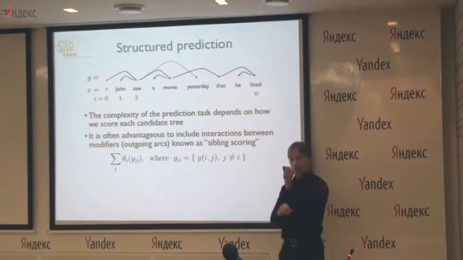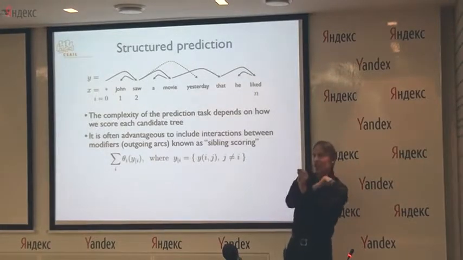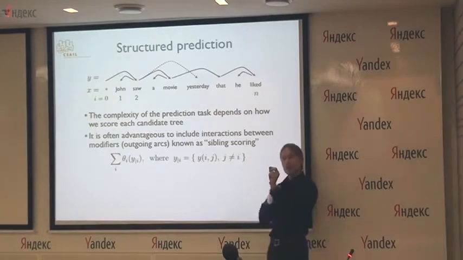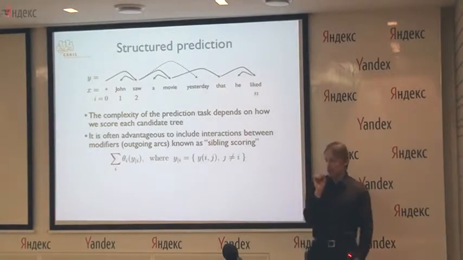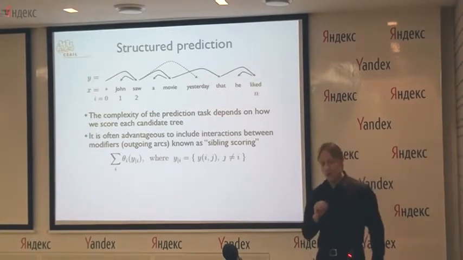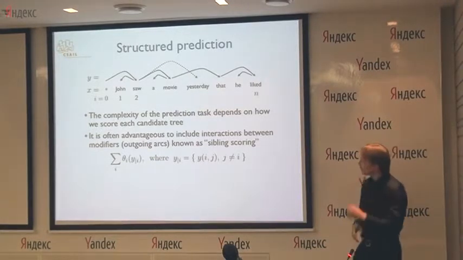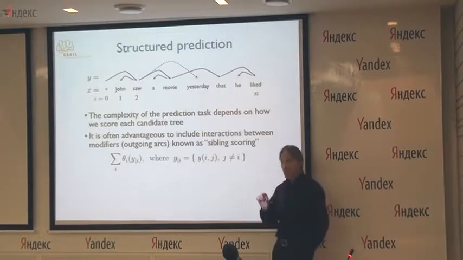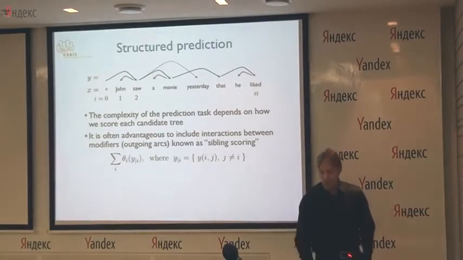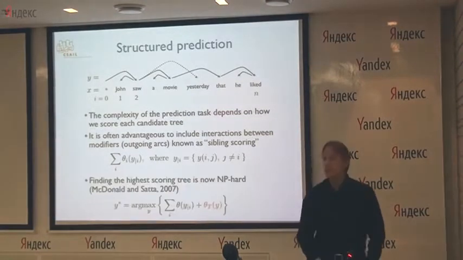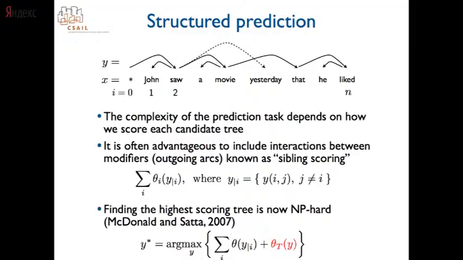You might have a Markov model of all the words preceding and all the words after that particular word and decide how to score their arcs. But unfortunately, even if they individually might be tractable, when you put that together with the tree structured constraint, you will often get a combinatorially hard problem.